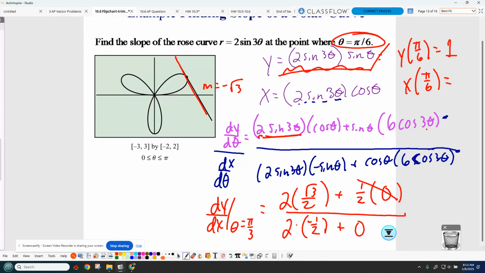This is root 3. So if you wanted the actual tangent line, y minus the y value, which is 1, equals slope times x minus the x value.